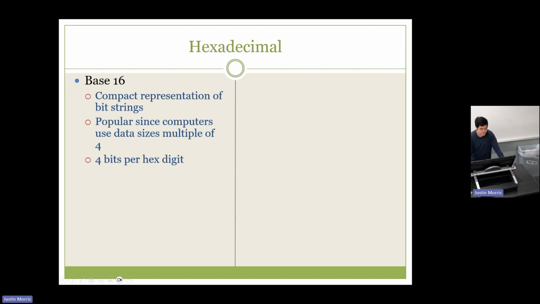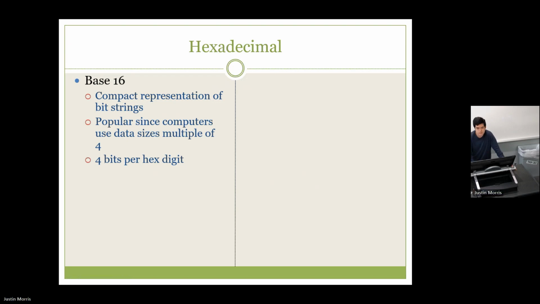So it's base 16, which gives us a compact representation of very long bit strings. Like your instructions in MIPS are 32 bits, right? One word long. Is it easier to look at this 32-bit string, or if I have it in base 16, how many digits am I looking at?